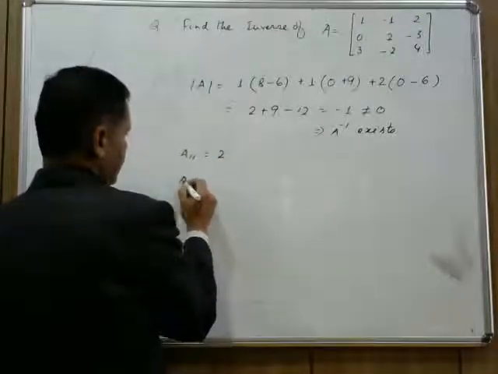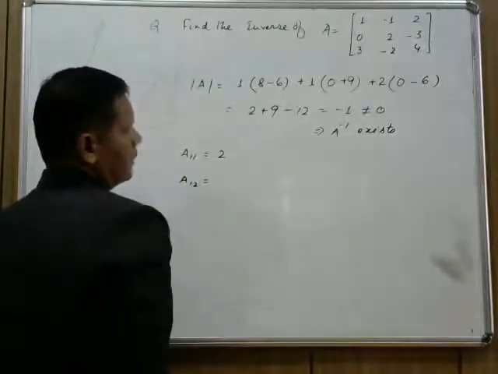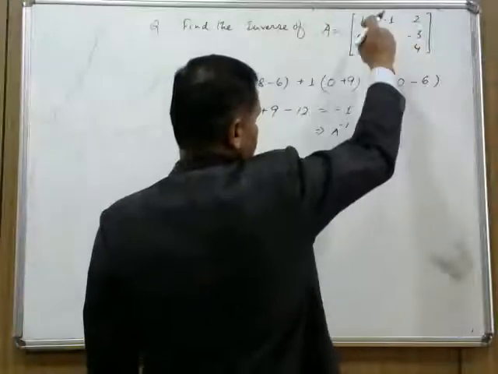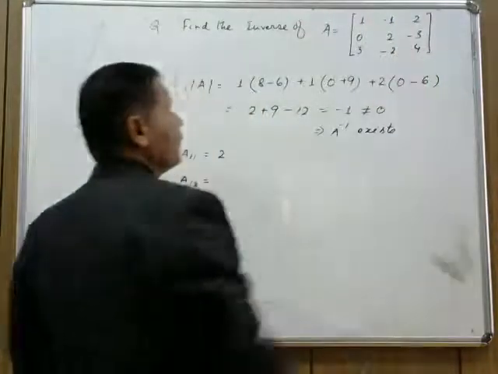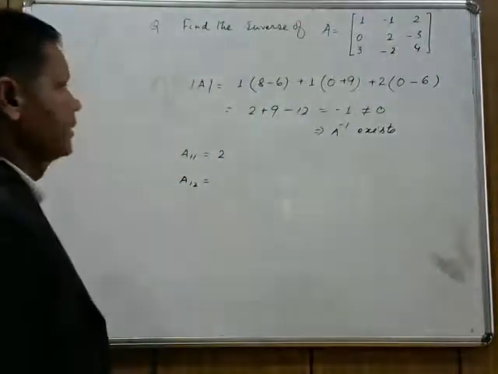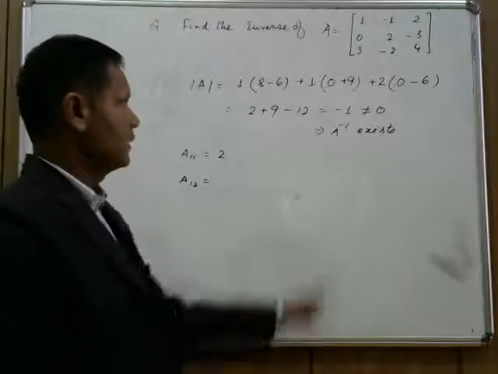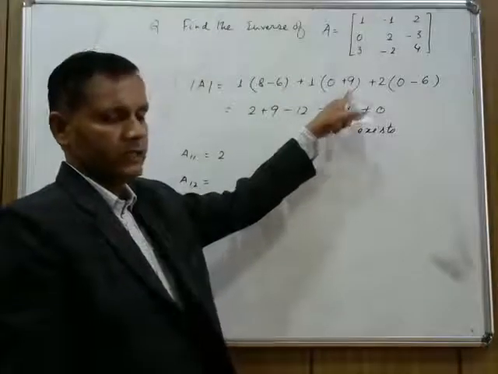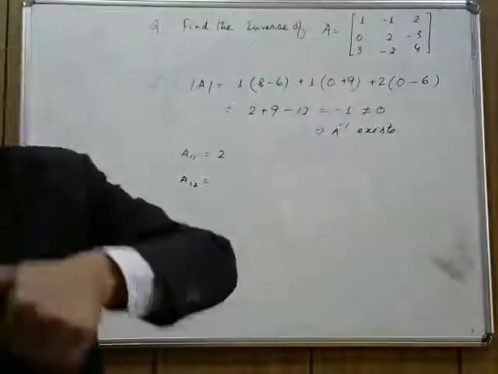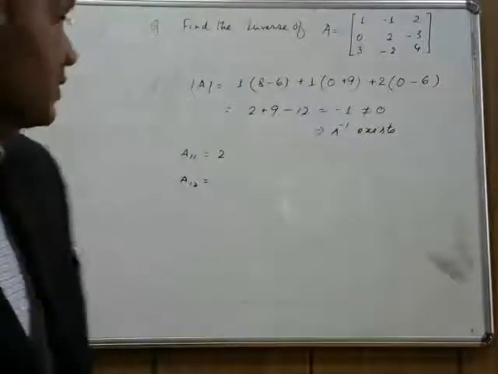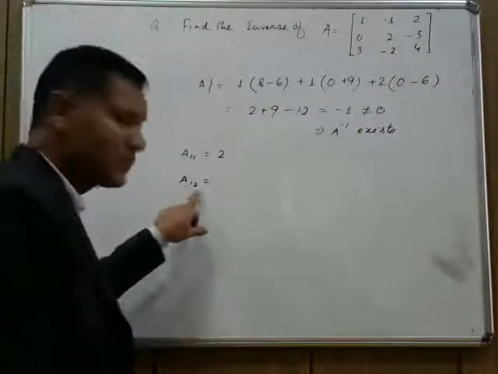Okay, A12. Here 0 and plus 9 becomes 9. We have already calculated 9, and do we have to change the sign or not? Yes, we have to change, because here 1 plus 2 is 3.